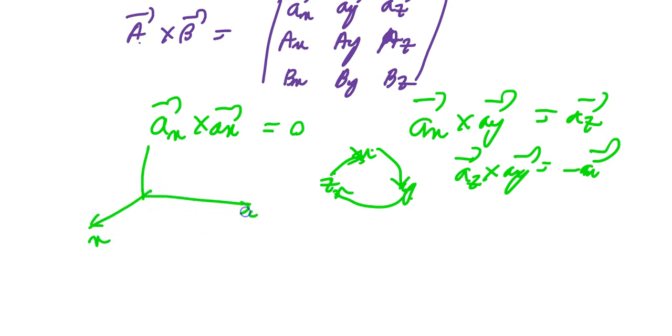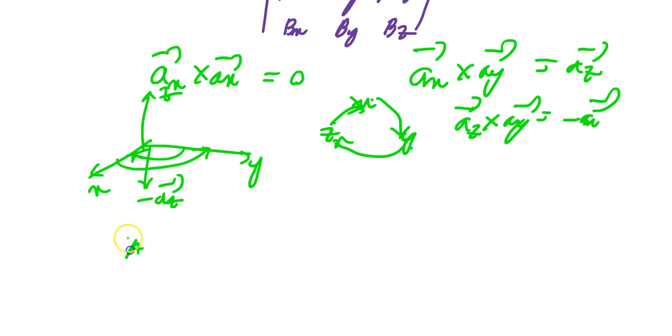X, Y and Z. You see, when I move X to Y to X, what happens? When I move from Y to X, then the cross product between them will be in this direction, that is minus AZ. If I move from X to Y, curl my right hand fingers, that will be the AZ.